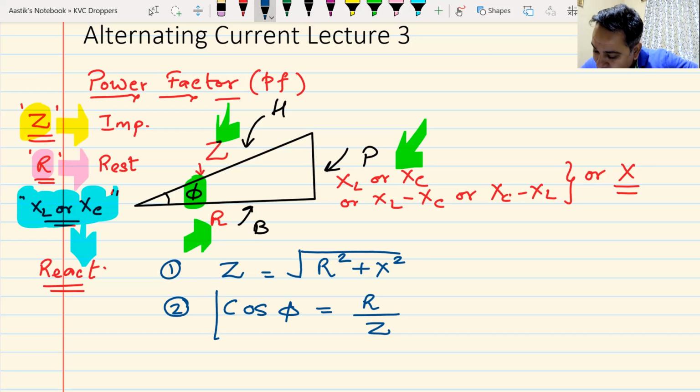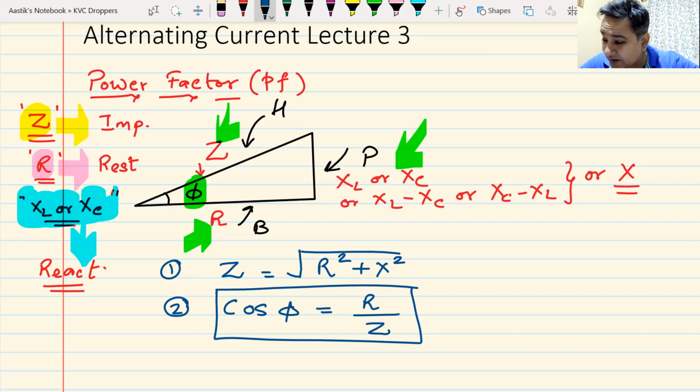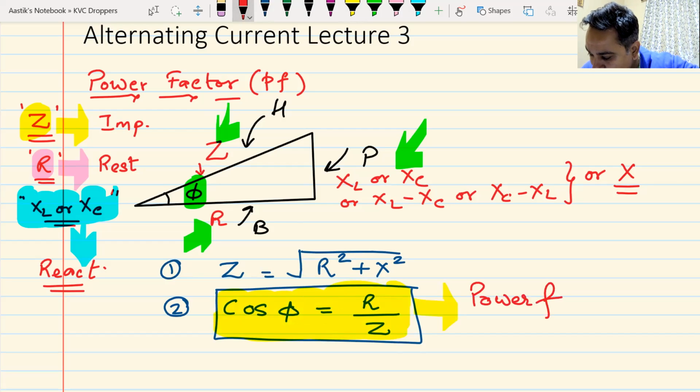This cos of phi is known as the power factor, or PF, of the circuit. You should not forget it till the end of your life.